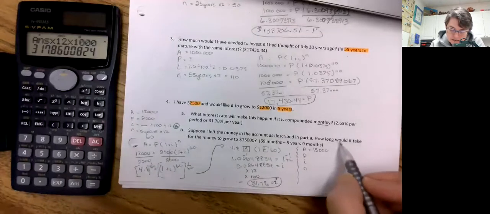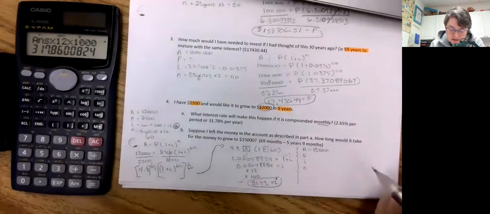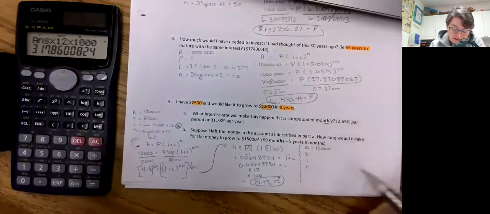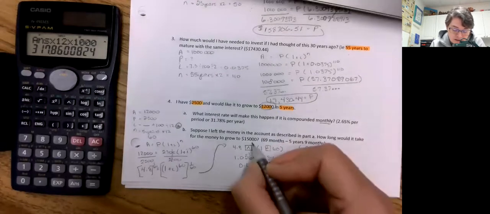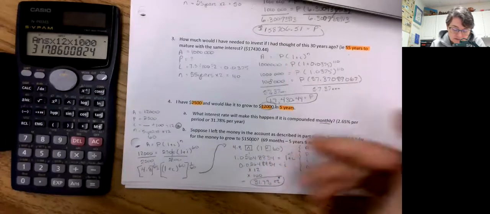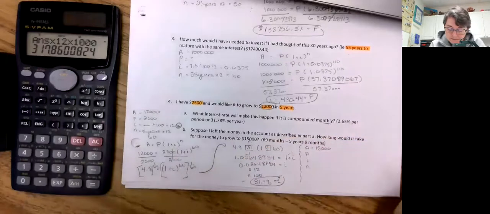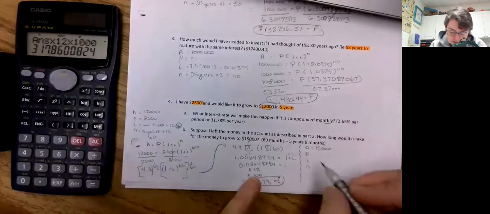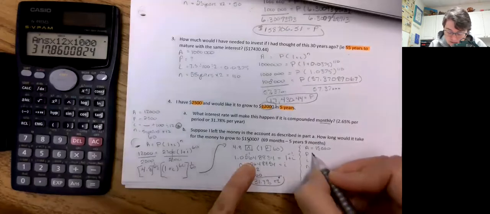The wording isn't that great. I'm taking it as I'm at 12,000 now, and I'm getting to around about 15,000. That's how I'm reading the question. I'm hoping that's what I'm supposed to do. Otherwise, I'll have to reshoot the video. So I'm putting the 12,000 here.